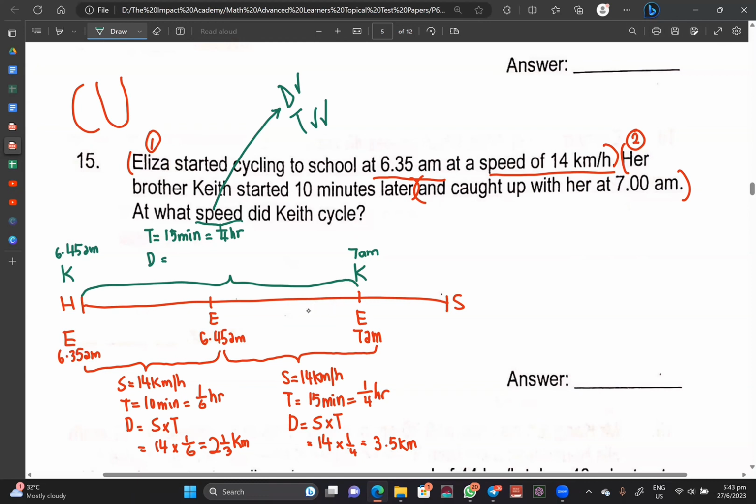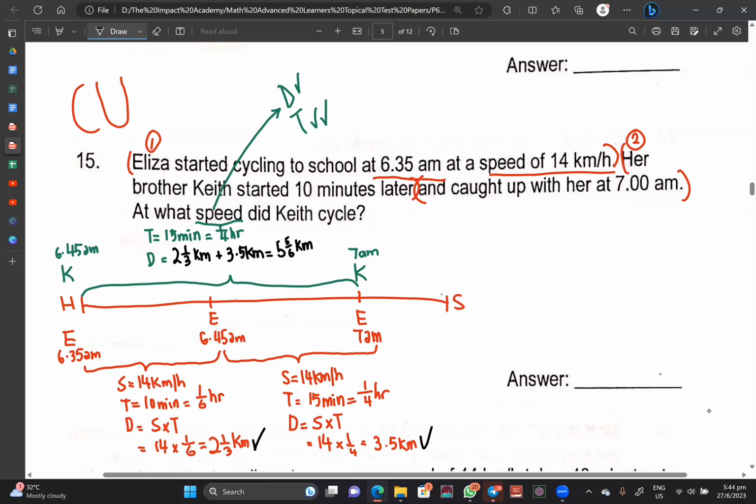Isn't it true to say that we can mirror it and use the same distance for Keith? So the distance for Keith is 1/3 kilometers plus 3.5 kilometers, and you get 5/6 kilometers.